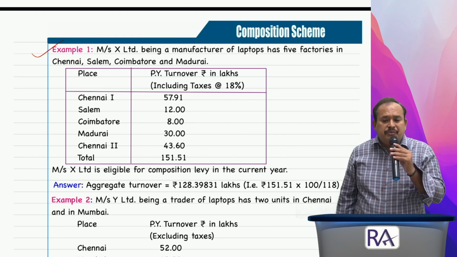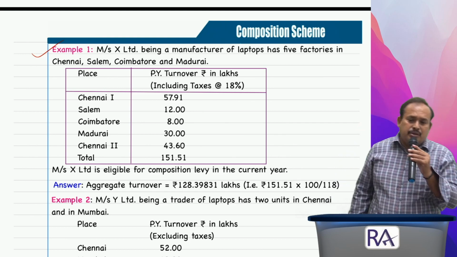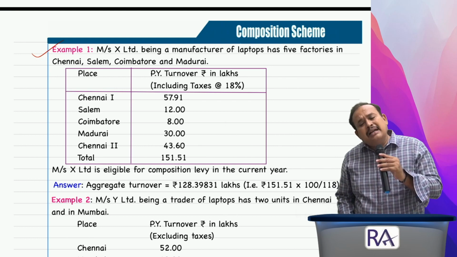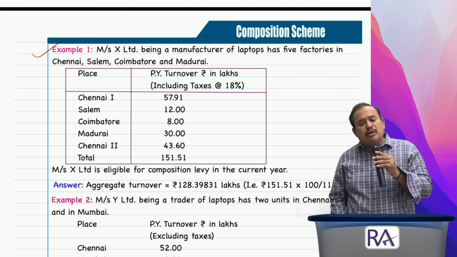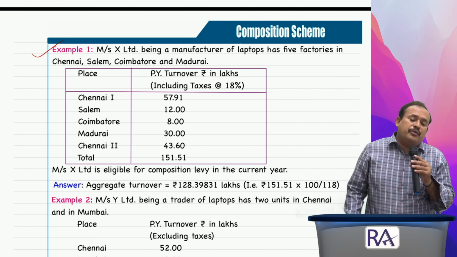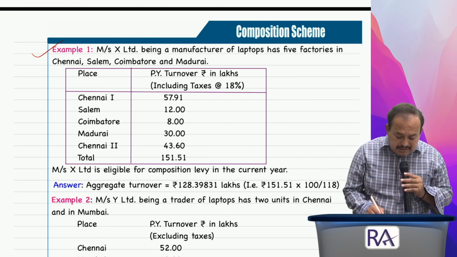Chennai 1: 57 lakh 91,000 previous aggregate turnover, which includes GST 18%. Salem, Coimbatore, Madurai and Chennai 2. Total turnover 1 crore 51 lakh 51,000. Is X Limited eligible for composition levy in the current year? Actually, in which state are they? In the state of Tamil Nadu.